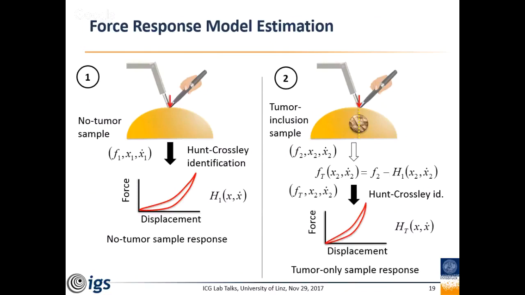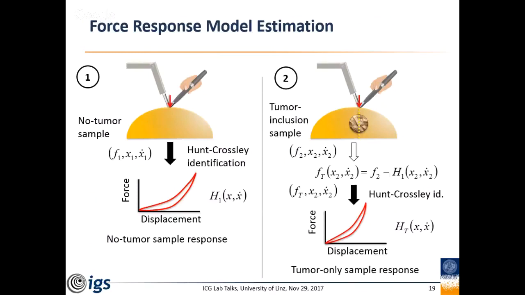So we get these new forces Ft, where we remove, or hope to remove, the component of the surrounding material. And these new forces, and the positions and the velocities, we now identify again with the identification process, giving a model that hopefully describes the contribution only of this tumor.